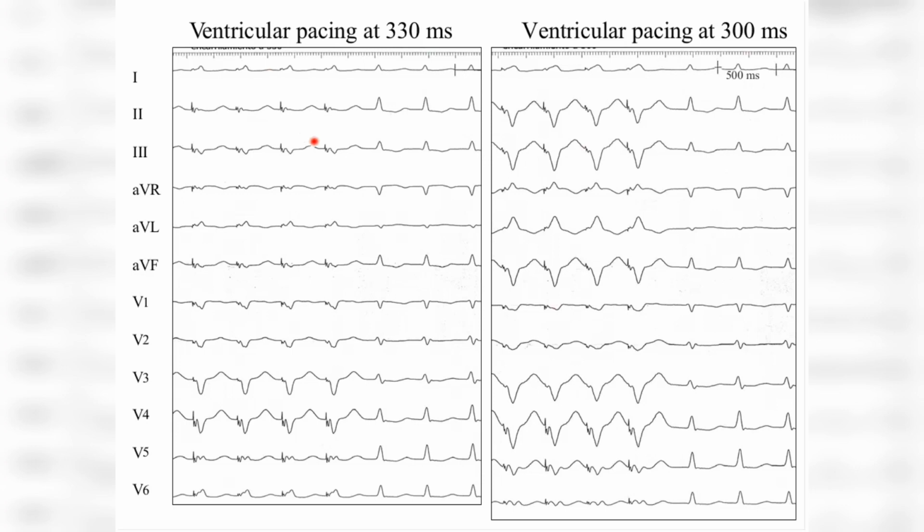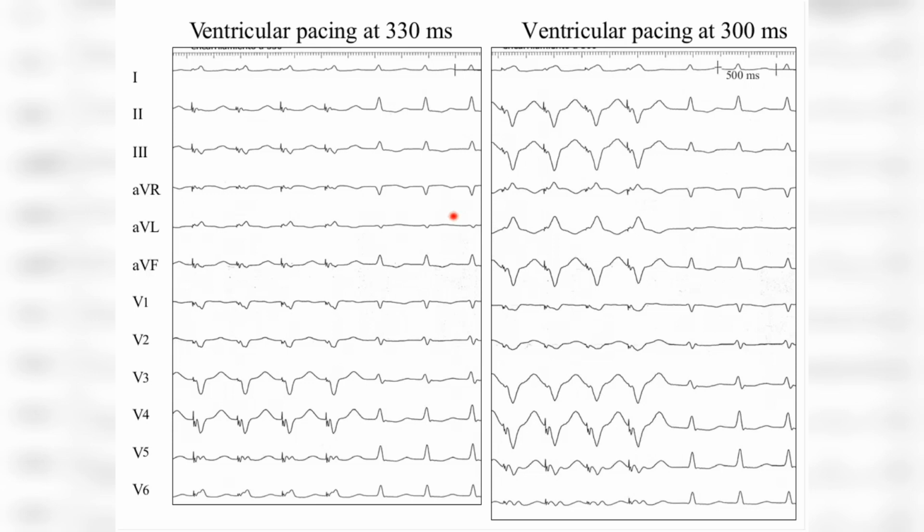Actually, if I tell you that we are pacing at the right ventricular apex, you should tell me, here at the left panel, you are wrong. This is a wrong label. This is not the right ventricular apex. But in fact, it was the right ventricular apex.